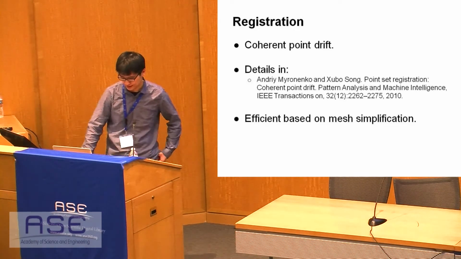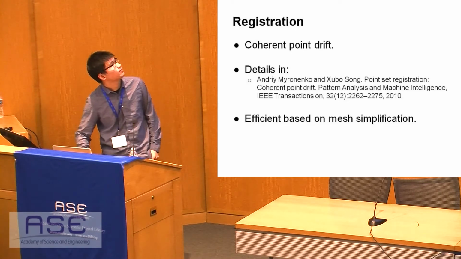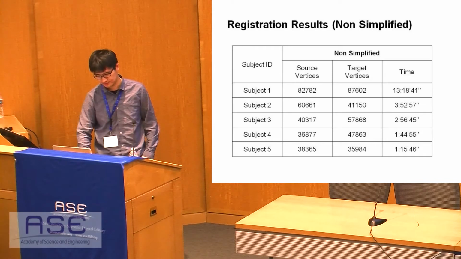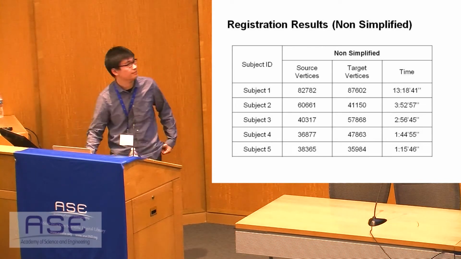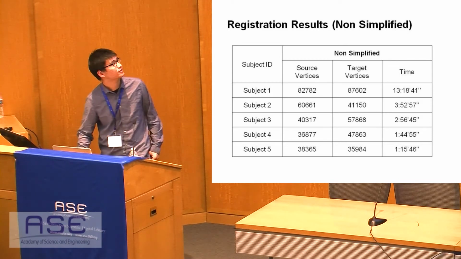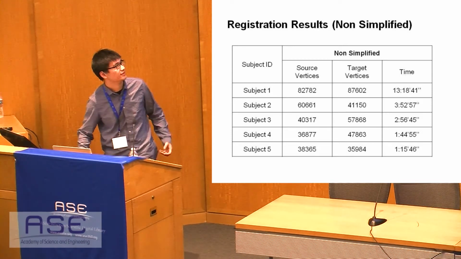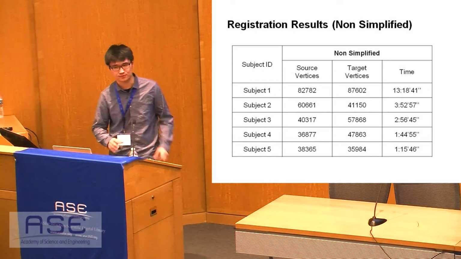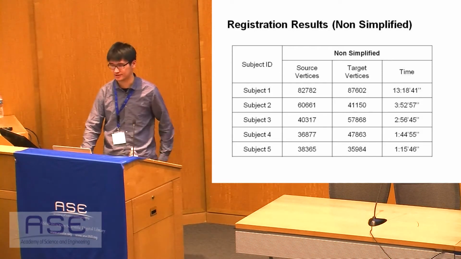I will show a table. Here's the table. You can see that when we do not do the simplification, it is generally about 50,000 points on each surface on average. And it takes hours for us to do the registration process, and it's not acceptable.